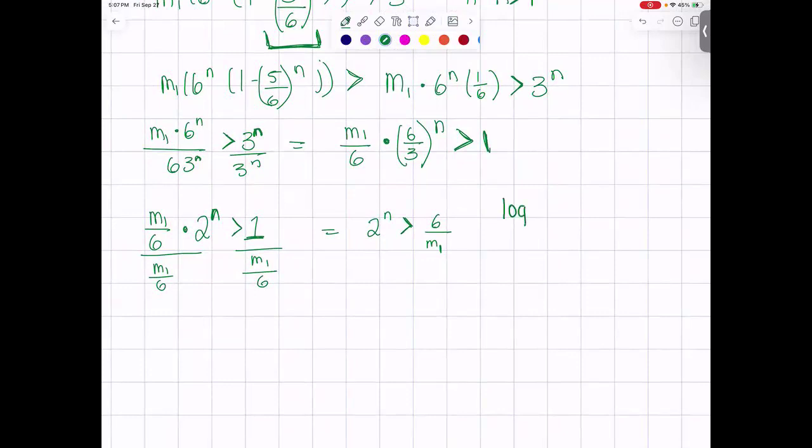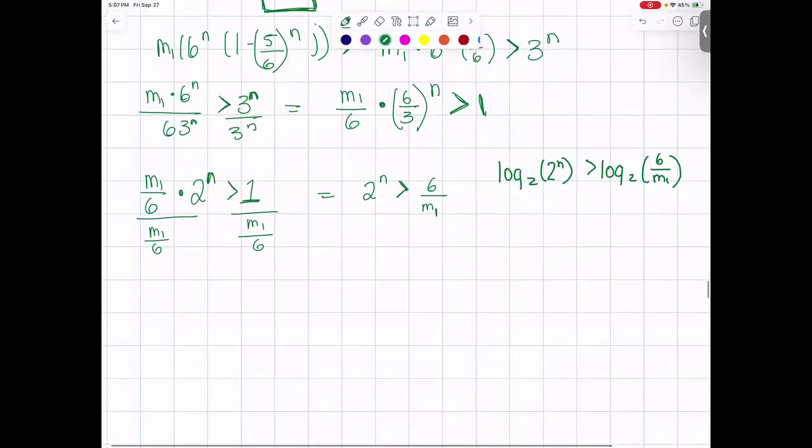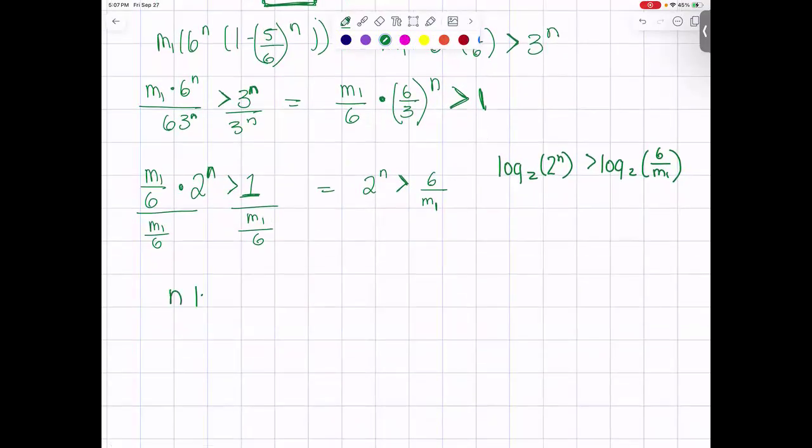We can say log base 2 of 2 to the n is going to be greater than log base 2 of 6 over m1, which then allows us to pull that n down so that we end up with n log base 2 of 2 is greater than log base 2 of 6 over m1.